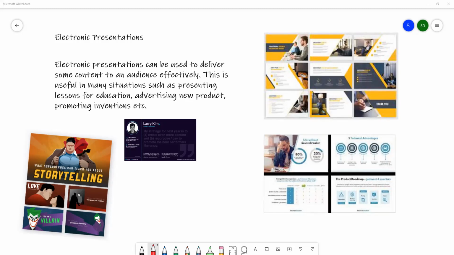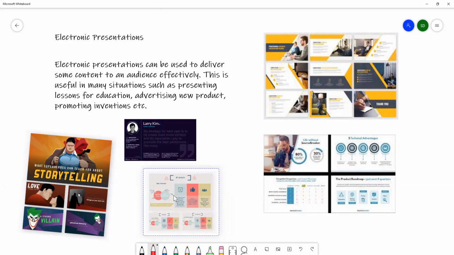So these are really interesting ways that we can have slides when you're creating. There are a lot of presentations that you can see.